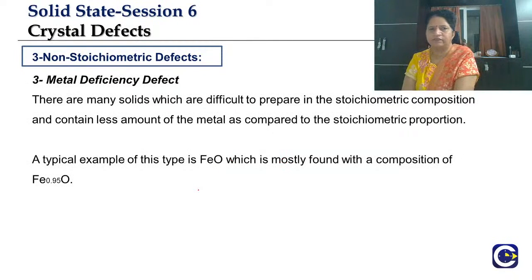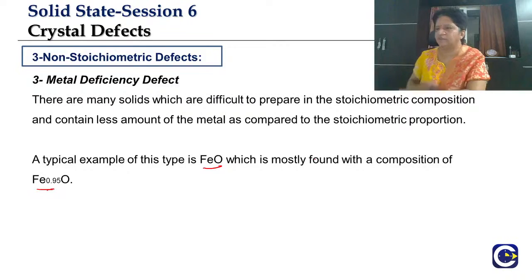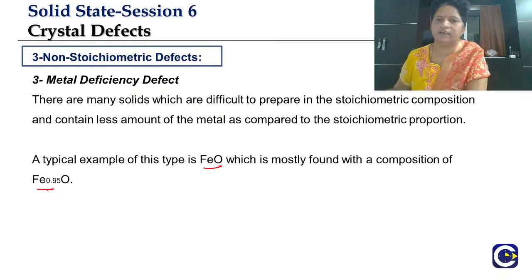Okay. Metal deficiency defect. This is generally shown if a metal shows two different oxidation states. This was the example I took even when I was telling you. What are the different oxidation states of iron?